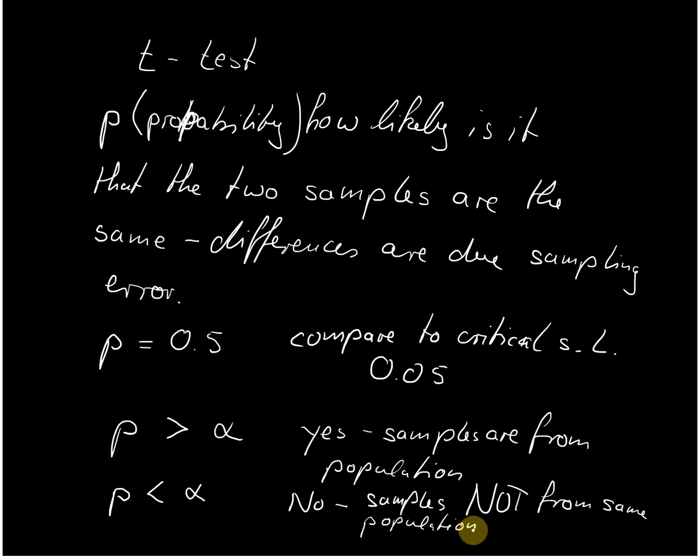So what we do when we test whether two samples are from the same population, we set a critical significance level, and very commonly it is 5%, so 0.05.